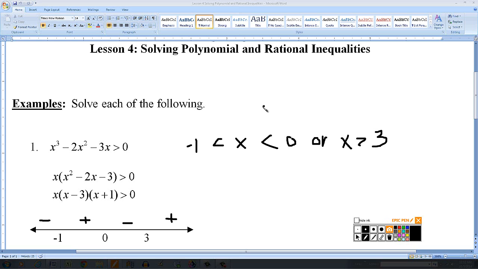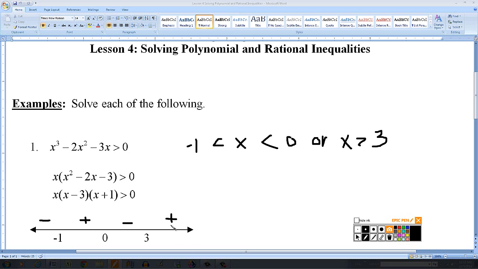Okay, so this is one way to write your solution. Again, x greater than -1 but less than 0 puts it into this interval here, and x greater than 3 puts it over here. So it's either all numbers in here or numbers over here.